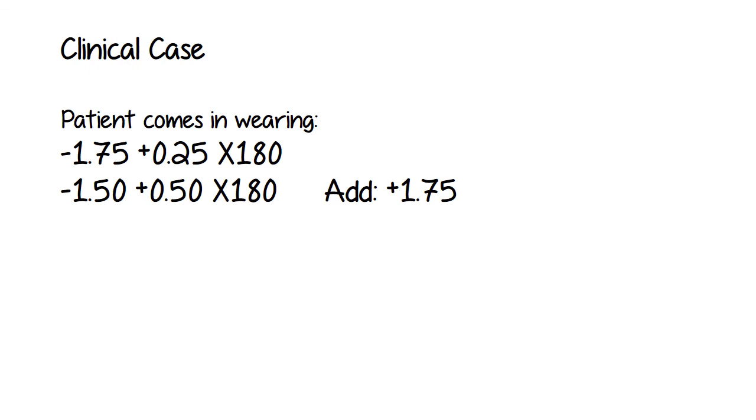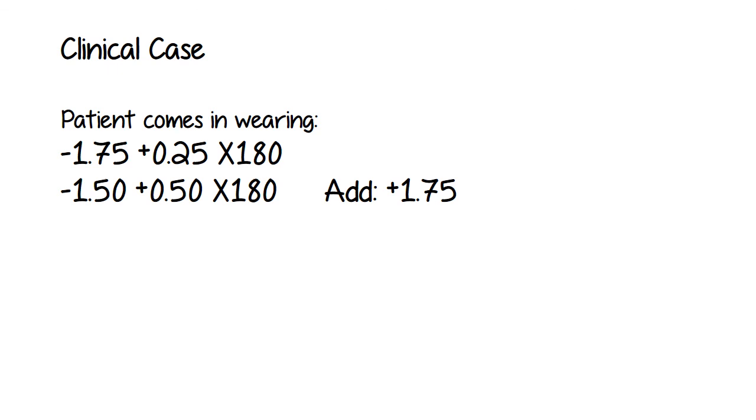Okay, we have a patient that comes in, and this is his prescription. He's a minus 1.75 plus 0.25 at 180 in the right eye. In the left eye, he's a minus 1.50 plus 0.50 at 180. And his add power is a plus 1.75. Now, he has no trouble reading, but he's having a little trouble seeing when he's driving in the distance.